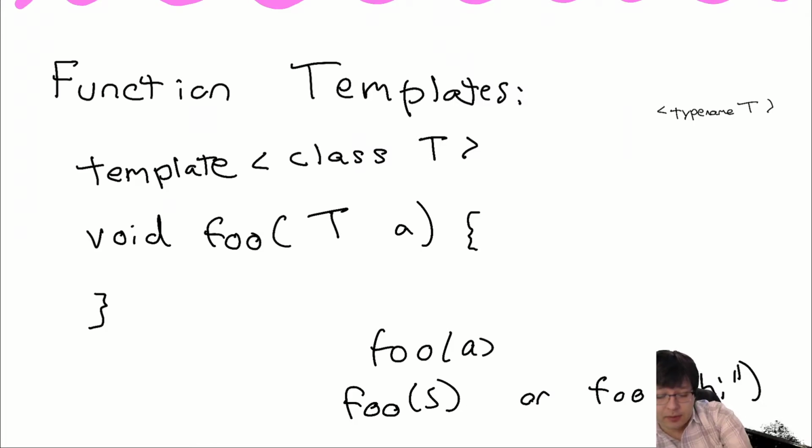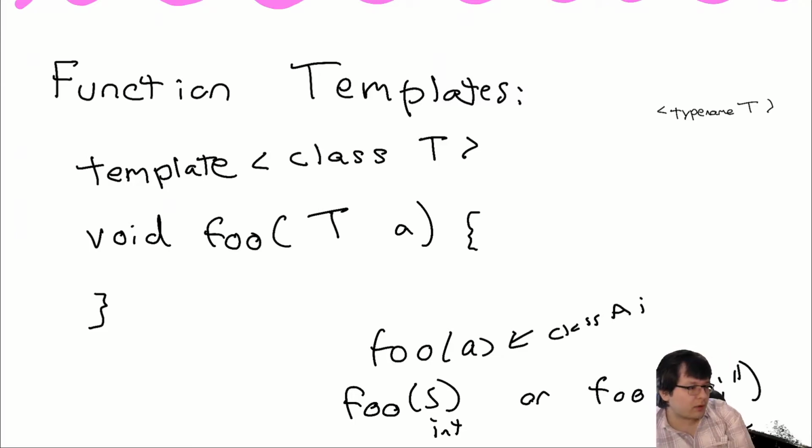So here it's an integer, here it's a string, or an array of cars maybe, I'm not sure. And this one here is some class A, assuming it's the code that we wrote earlier. But it could be whatever. Whatever the type is, that's what's going to get populated there, and it's going to generate that function on the fly.